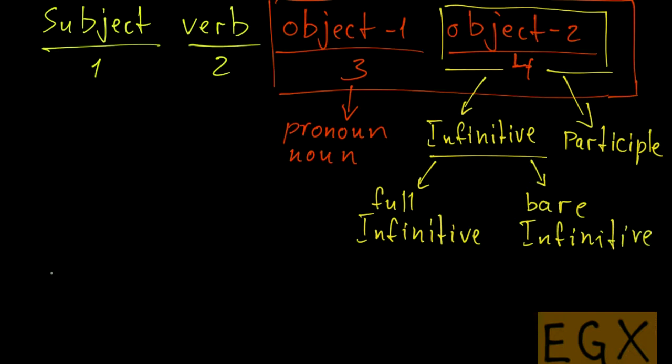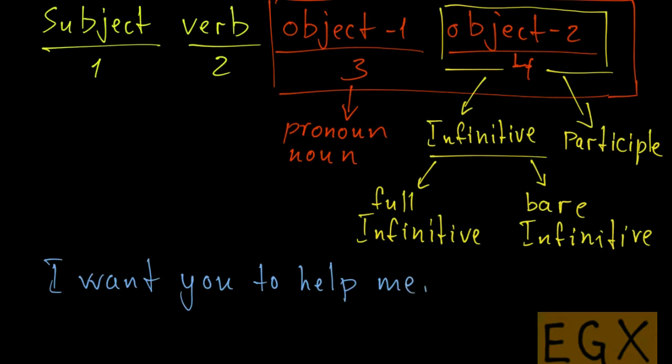For example, I want you to help me. Here I have my subject, my verb, and then my object number one. And then I have object number two. This is my full infinitive.